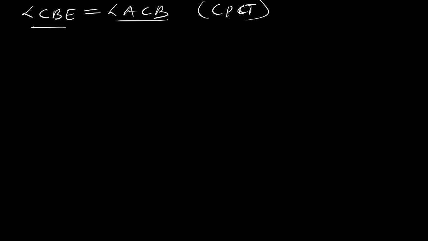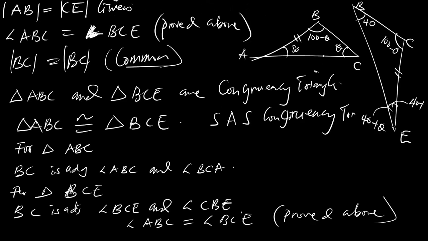So if you check now, the corresponding part of this angle is this side, because they have BC common. This is BC, BC is common here. You have this angle, you have it here.